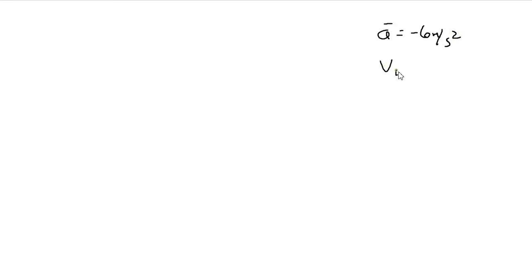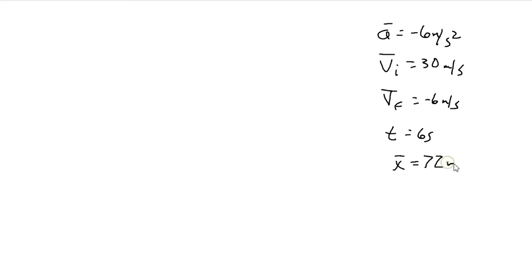We had an initial velocity of a positive 30 meters per second, moving to the right in my picture. We have a final velocity of negative 6 meters per second, which means it's moving to the left in my picture. The time that I cared about was 6 seconds, and the displacement that it turned out to be was 72 meters. So let's just focus on that and see what's going on.